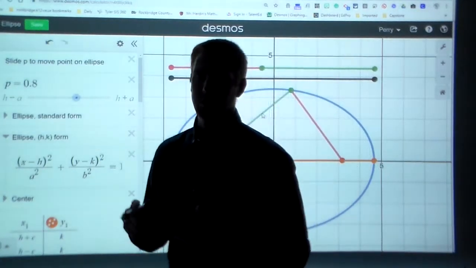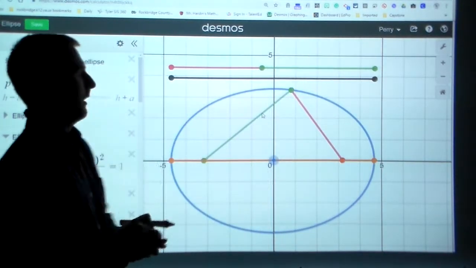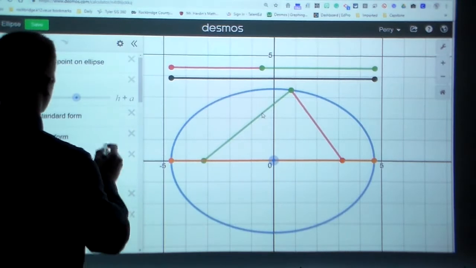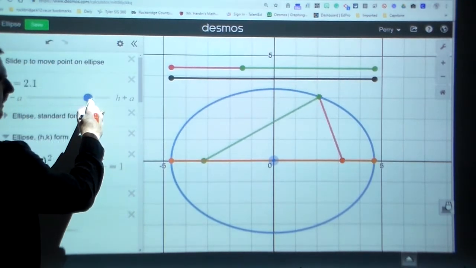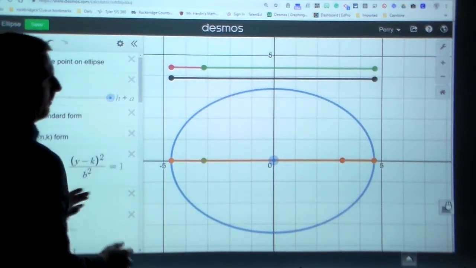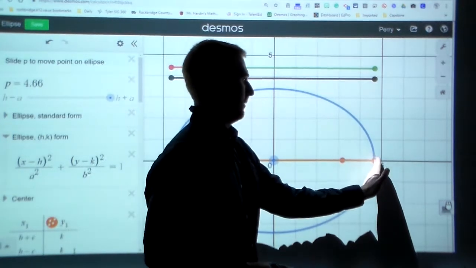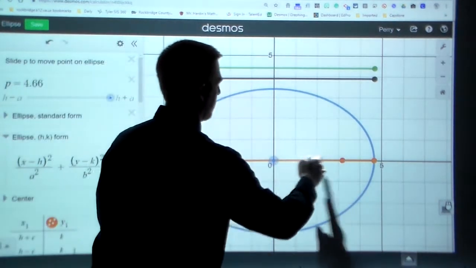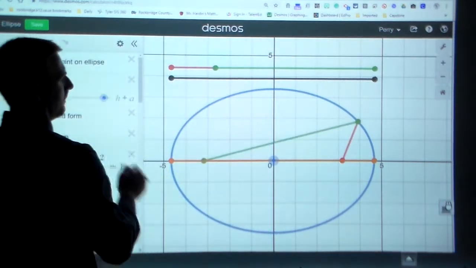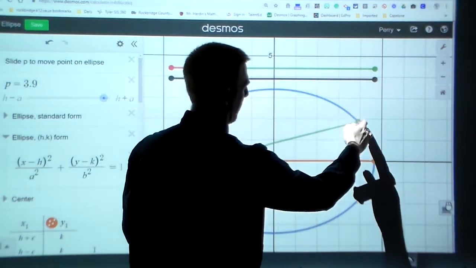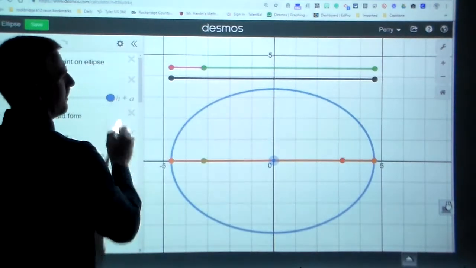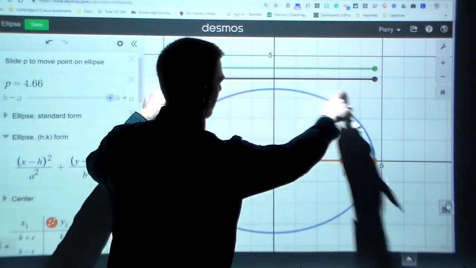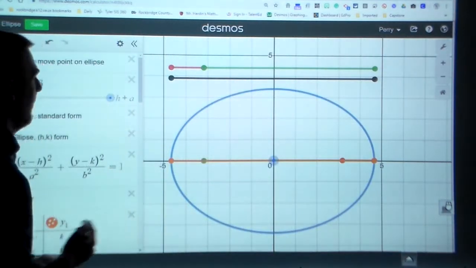The one thing I do want to derive with you all is the focus, and it's not too bad to do. So a couple places to think about. I'm going to put a point right here on the edge of the major axis. And we talked about this a little bit, but these two lengths from each focus to that point, if I put it right there on the edge, is equal to that major axis, which we said is 2 times a.